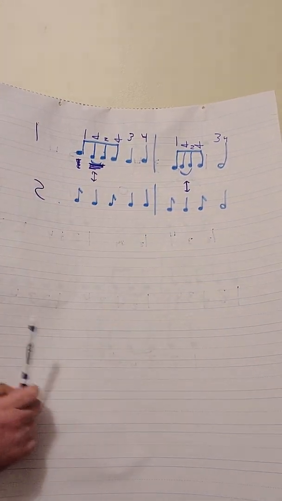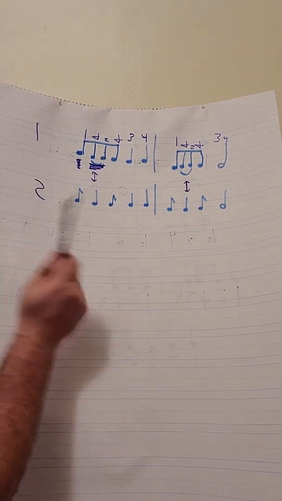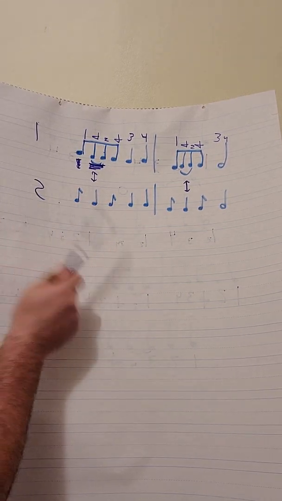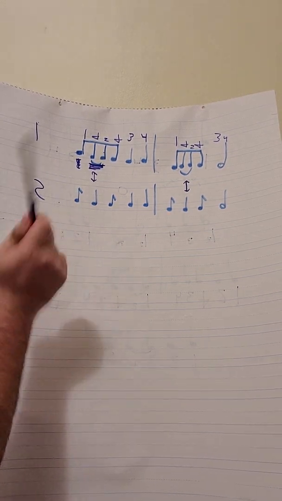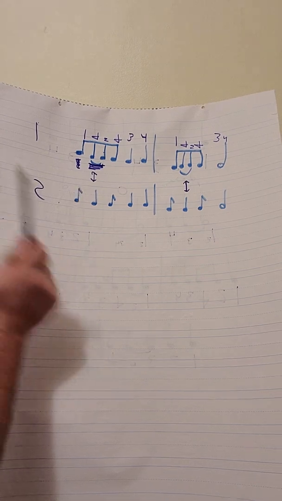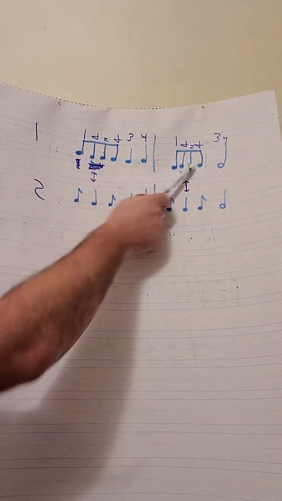This is what it would sound like on paper or on the drum: 1, 2, ready, and 1 and 3, 4. 1 and 3, 4. Notice that I didn't click on any of my small numbers.